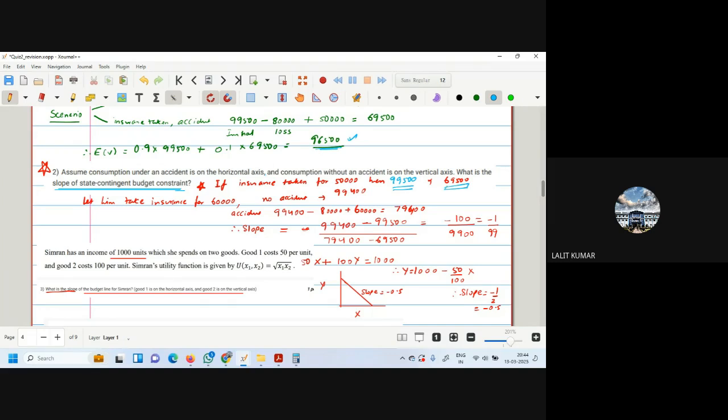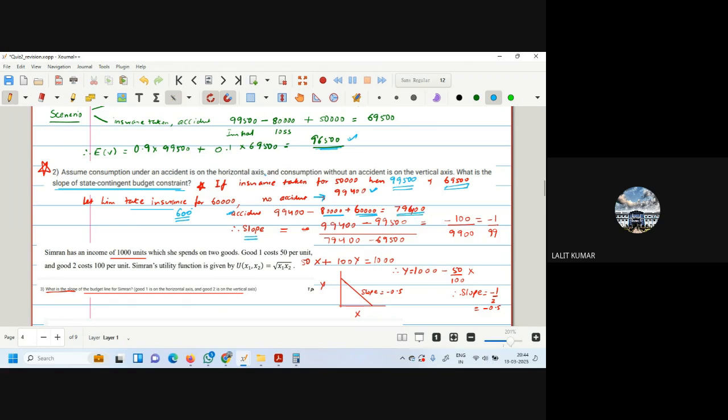Now, if he increases his insurance to 60,000, then in no accident state he pays 600 rupees. So his no accident state is 99,400, and accident state is 99,400, loses 80,000, gets 60,000. So his value is 79,400.